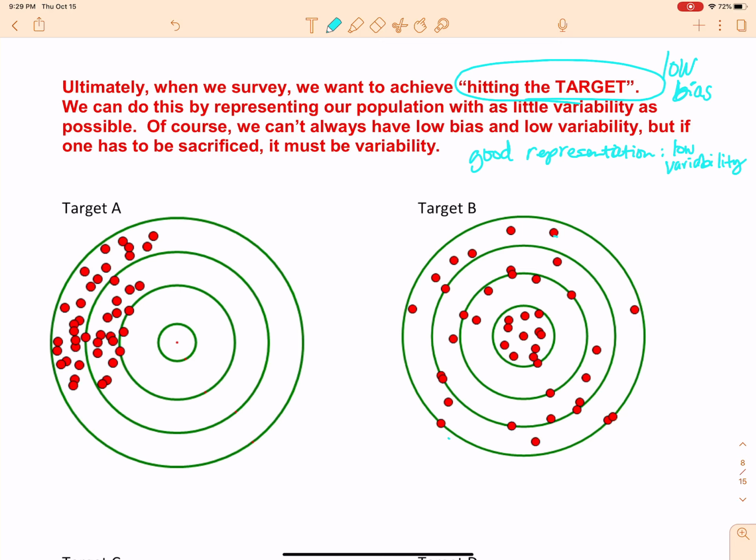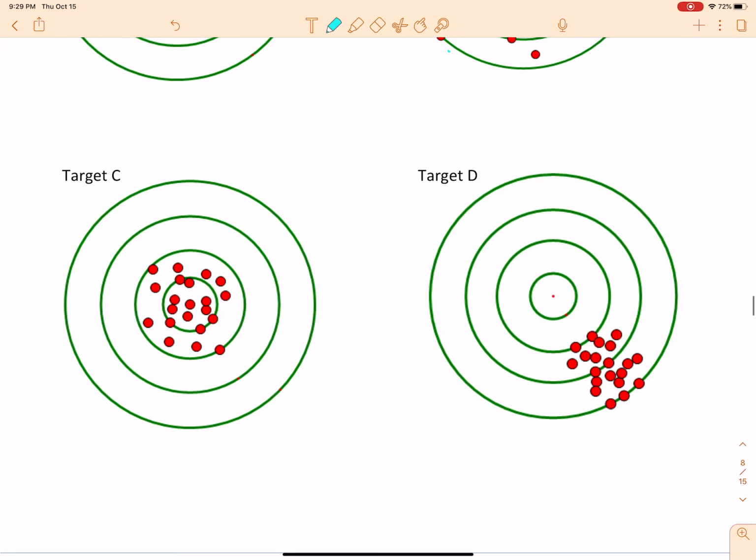So we want low variability, low bias. So target C, that's the sweet spot right there. I've got all of these points in the center. That means our target's being hit and they're not very spread out. So that means it's a good representation of my population of interest.